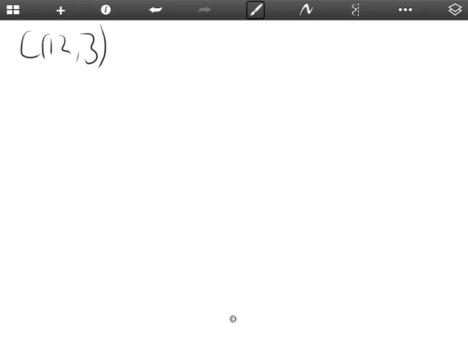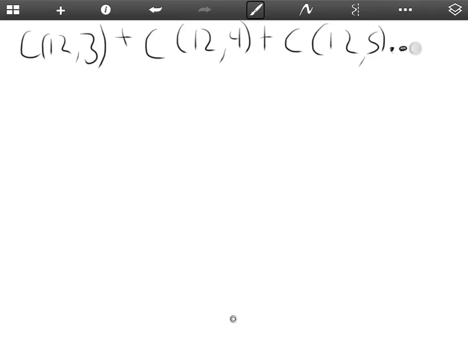So you add up all the combinations of C(12,3) plus C(12,4) plus C(12,5), all the way up to C(12,12). So that's a fairly large sum. That's going to be really annoying.